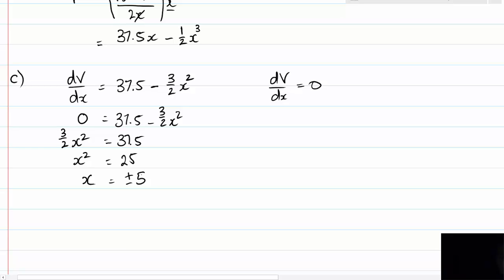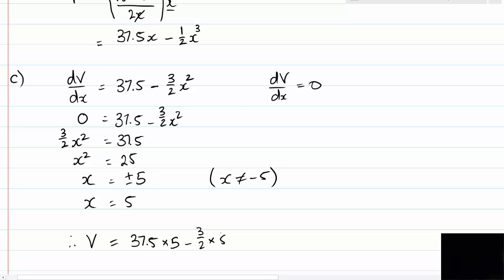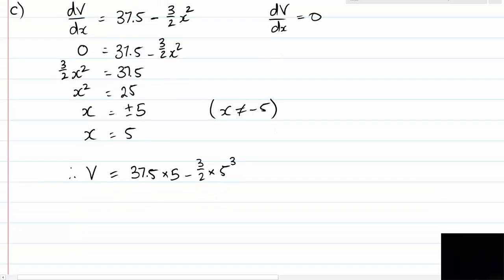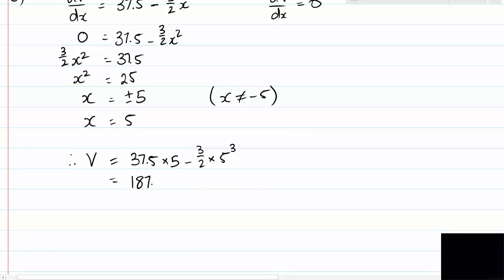But obviously here x is a length, so x cannot equal negative 5. So I've got x equals 5. And if x equals 5, then obviously v is equal to 37.5 times 5 minus 3 over 2 times 5 to the power of 3, and that's equal to 187.5 minus 3 over 2 times 125, and once calculated that equals 125 centimeters cubed.